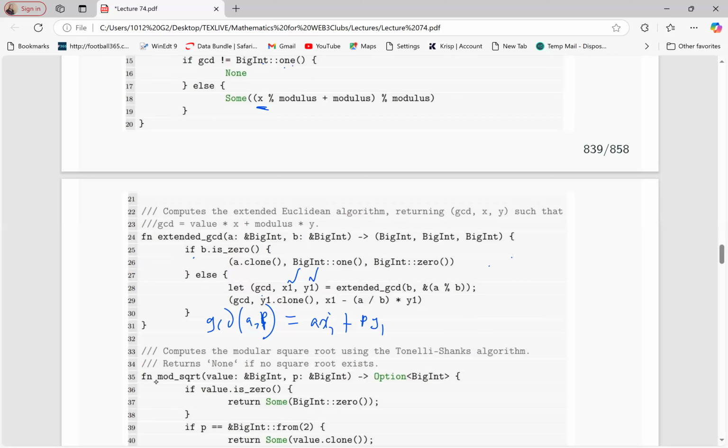This thing is repeating itself. x1 and y1 will be changing, x2, y2, and so on until you get that the final remainder is 0.